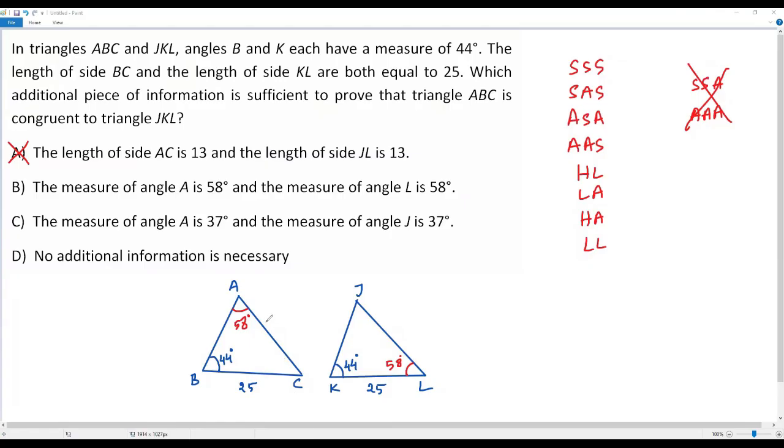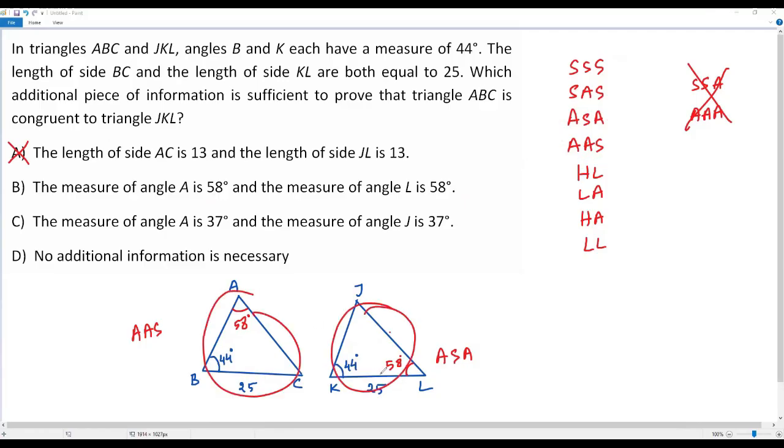Now let me consider the order of the parts in the first triangle. We have angle, side, angle. Let me consider the order in the second triangle. That is angle, angle, side. Even though AAS and ASA are both triangle congruence postulates, we have two different postulates in these two triangles.